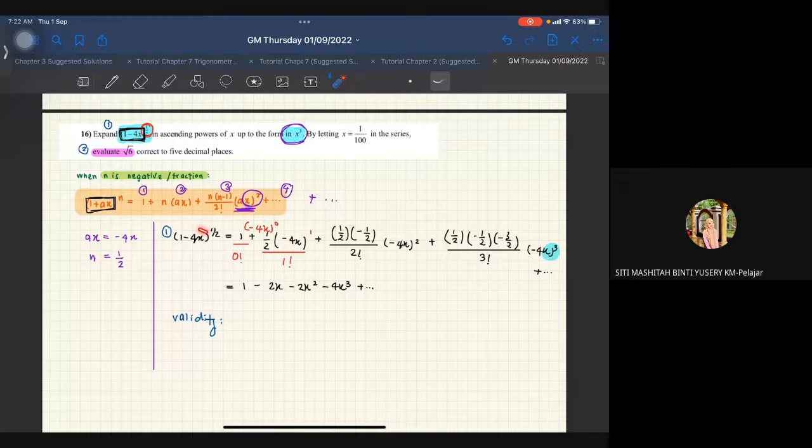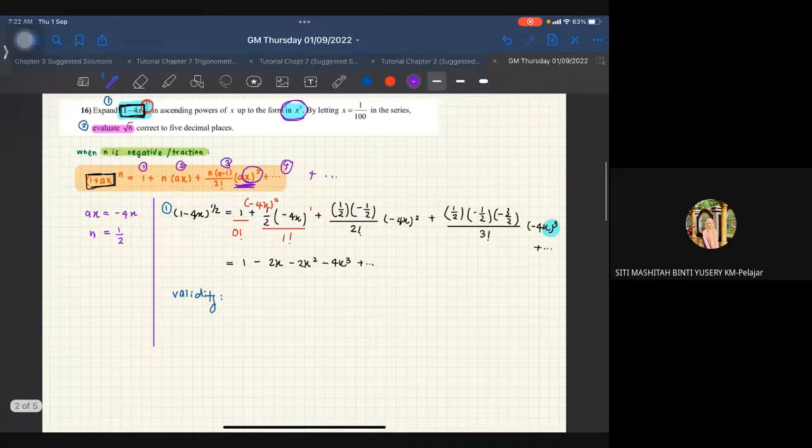So awak akan ambil AX awak, you just put a modulus dekat dia. Okay, so you have modulus of 4x less than 1. Okay, so this is absolute value inequality. So kita dah belajar hari tu bila dalam absolute dia adalah less than akan menggunakan n.